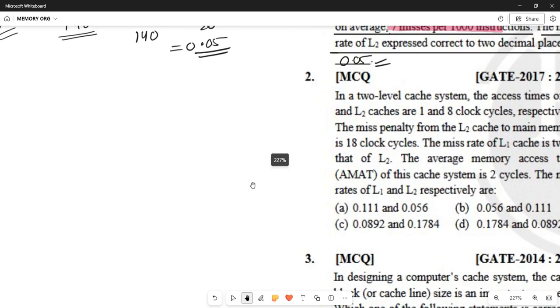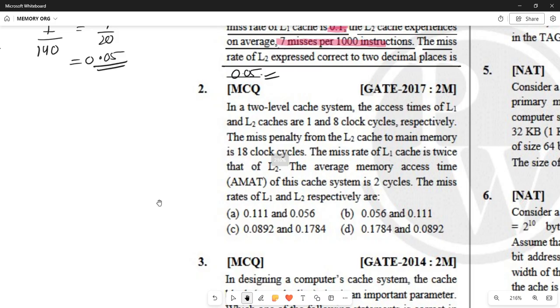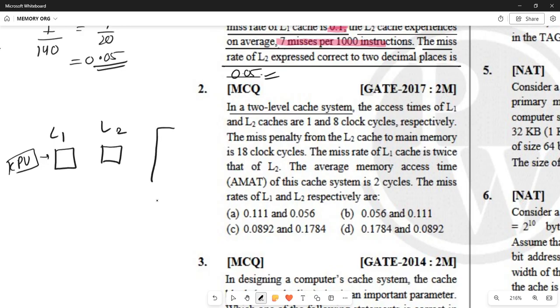All right. Next, in a two-level cache system, the access time of L1 and L2 caches are 1 and 8 clock cycles. So, in a two-level cache system, again, there is an L1 level and an L2 level, and there's a CPU, same diagram as before. There is an L1 level, an L2 level, and a RAM.